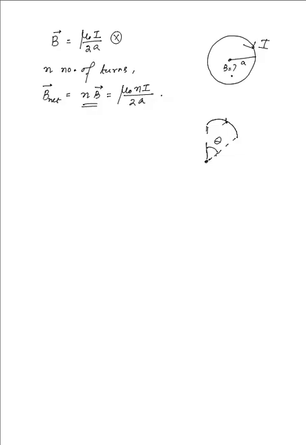Now in this case, with the radius again taken as a, we have a small portion of that circle available, for which we will be obtaining the magnetic field at this point. Now the magnetic field in this case is going to be equal to mu naught I over 2a, that is for the entire circle, but that's not the case over here. So out of that entire circle taken in 2 pi radians, we have a theta radian available if it is taken in radians.